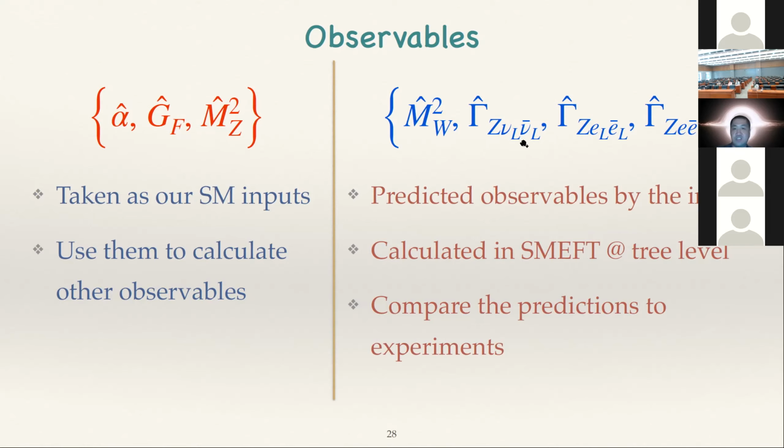Z branching fractions to neutrinos, to electrons, left and right-handed electrons, and MW squared, of course. These observables are predicted by the three inputs. Then we calculate them in the SMEFT at tree level, and then compare the prediction to the experiments. That's the scheme.